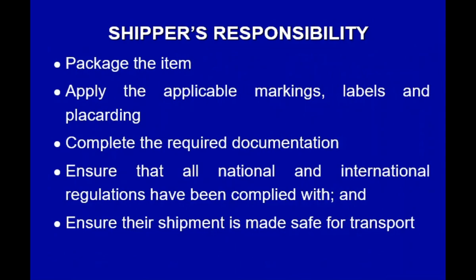A shipper has the responsibility to package the items and apply the applicable markings, labels, and placards appropriate for them. A shipper must complete the required documentations and ensure that all national and international regulations have been complied with, and ensure that shipment is made safe for transport.